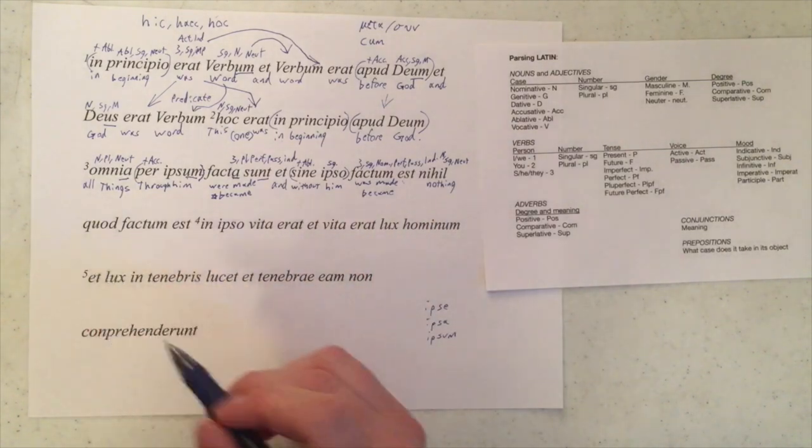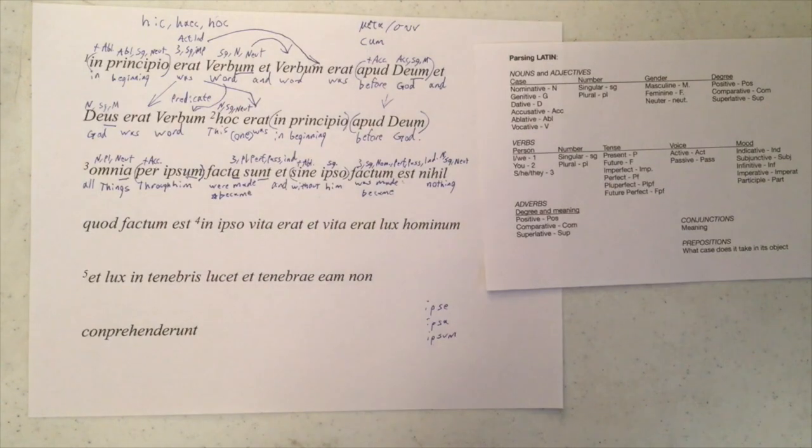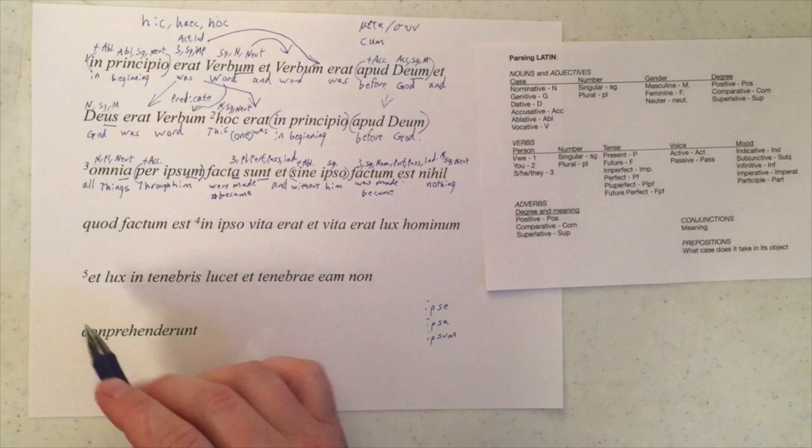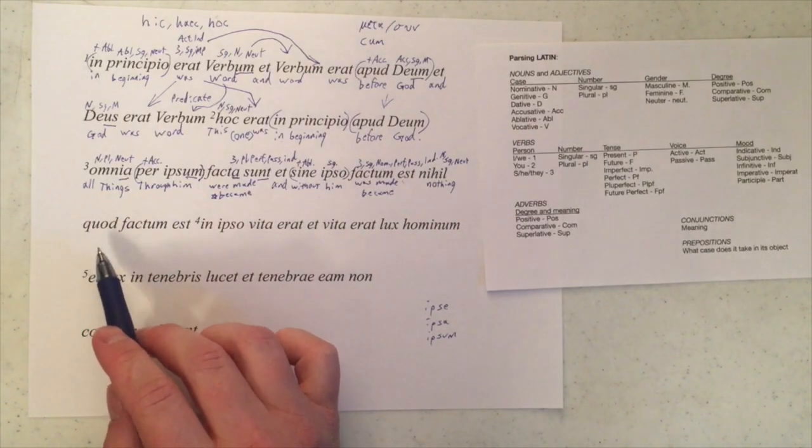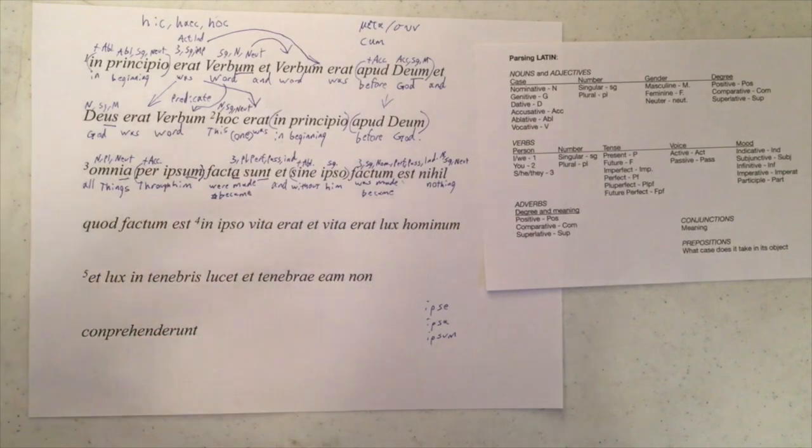All right. Quod. Quod is a relative pronoun, so it's going to match the number and the gender of its antecedent, but it's going to have the case necessary for its own clause. This word, incidentally, also frequently is easy to confuse with a different word meaning because. They are spelled exactly the same.